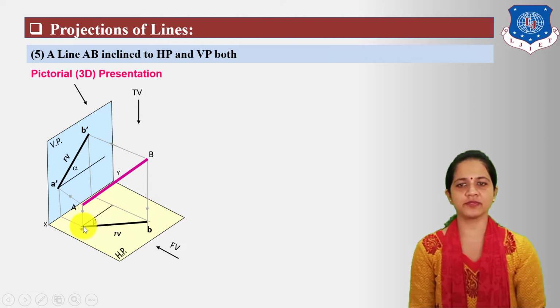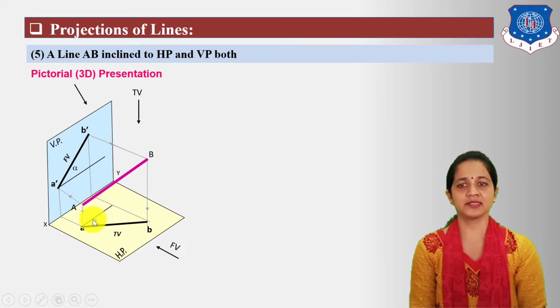The length of this top view line is less than the given length AB, and we cannot see the true angle of this line AB with VP in top view, because the line AB is inclined to VP and HP both.